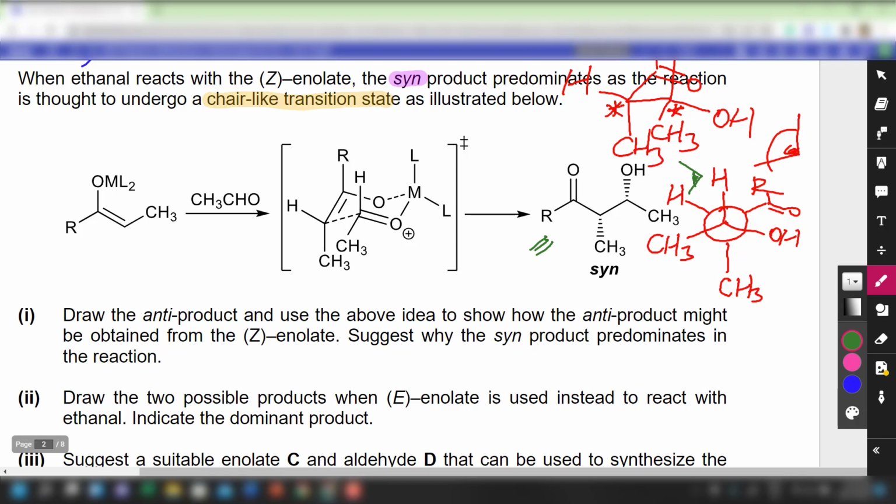So I'm going to have this like this. Now the CH3 is pointing below. Why is the CH3 pointing below, you might be wondering? Because the H is here and then the H is here. I didn't draw in the H, so you have to visualize it yourself. And then this is the OH, and then this is the H.